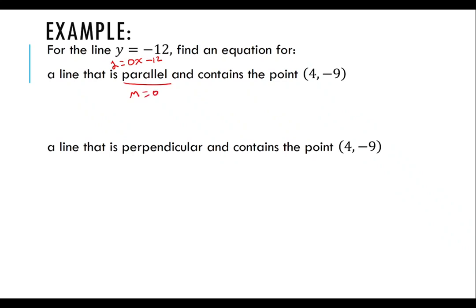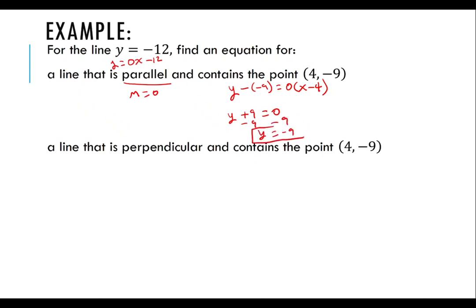And it's got to contain the point 4, negative 9. And so if we use that, that's going to be y minus negative 9 is equal to 0 times x minus 4. And that's just going to give us y plus 9 is equal to 0. So subtract 9, y is equal to negative 9.